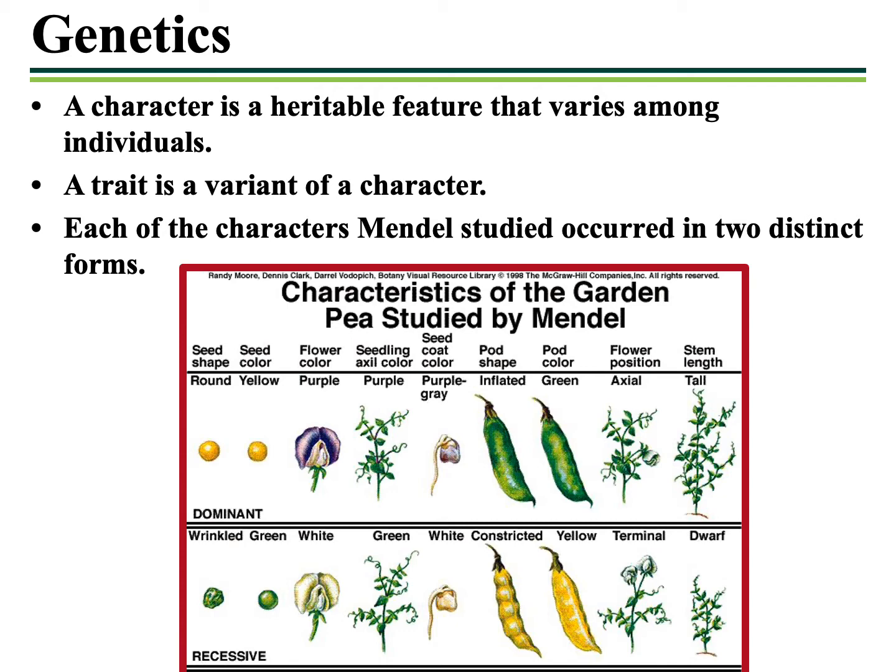If the character he was interested in was seed shape, the two possibilities were round versus wrinkled. If he was studying seed color, there were two possibilities as well, yellow versus green. So there were characters and traits that Mendel was able to very easily describe and work with.